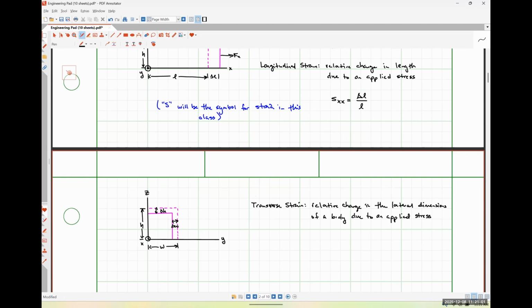And we'll see two here. So one in the Y direction, that will be the change in width over width, and one in the Z direction, that will be the change in height over the original height. Okay. And in this particular situation, we should expect to see that the transverse strains SYY and SZZ should be approximately equal to each other. Okay.